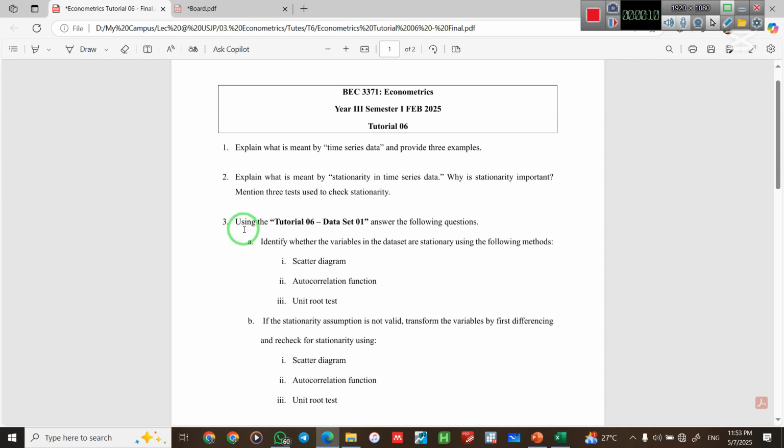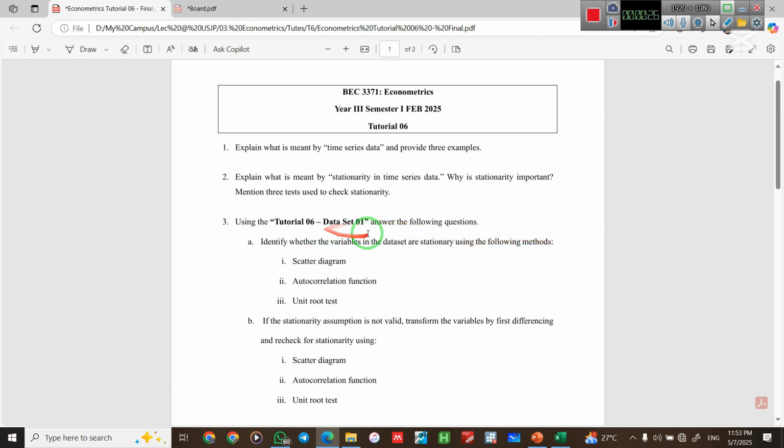In the third question it says that using the tutorial 6 dataset 1, answer the following questions. So in the first question they say, identify whether the variables in the dataset are stationary using the following methods.